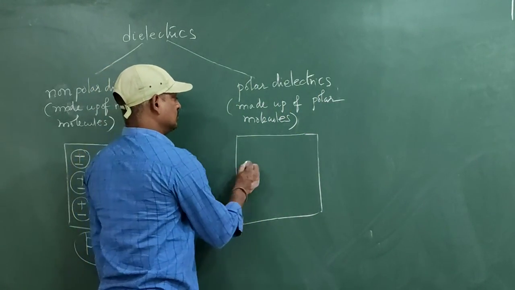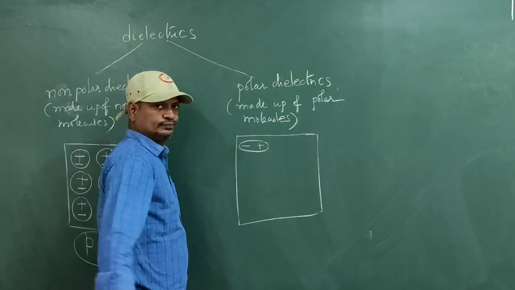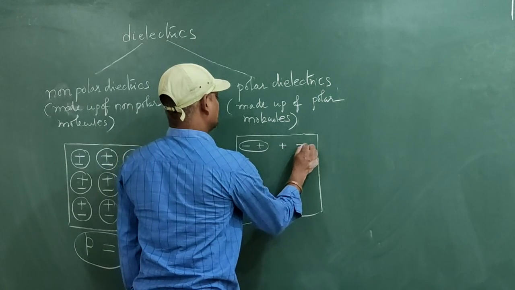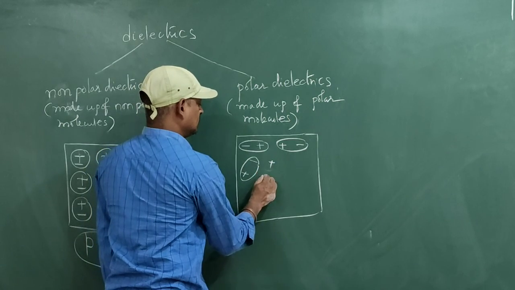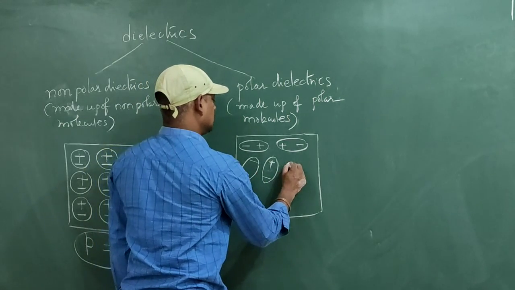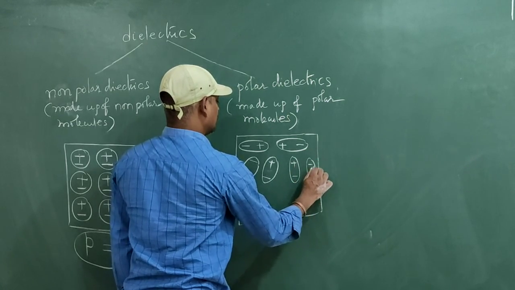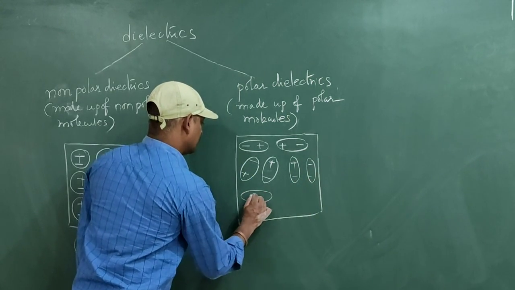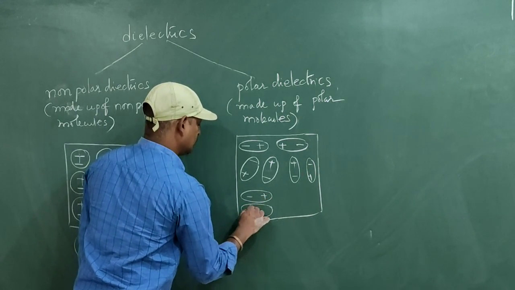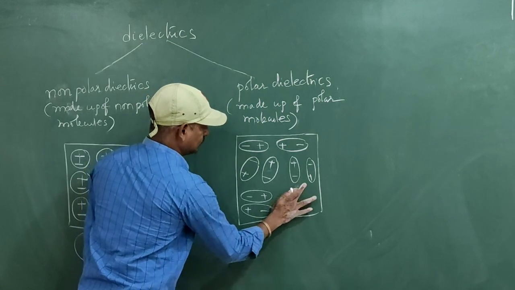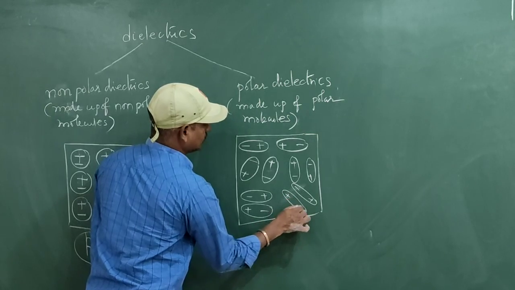So let's say this is one polar molecule, and this is another polar molecule.